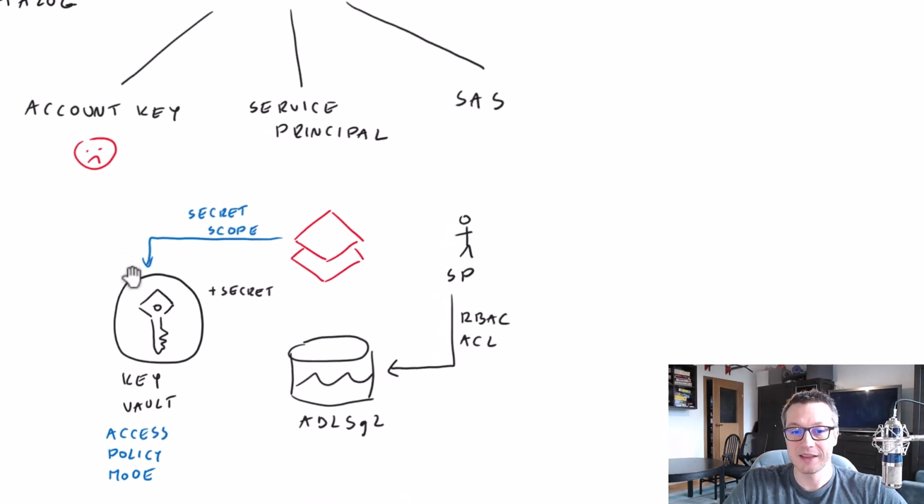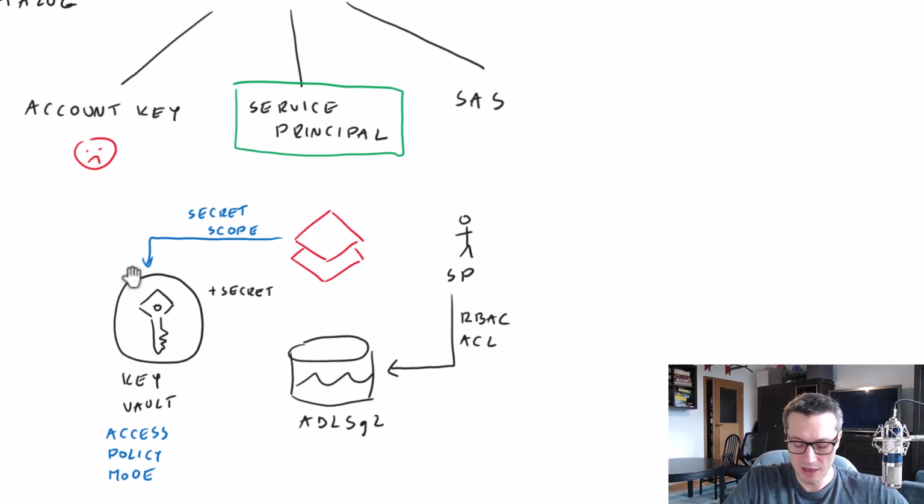So let's indicate that, well, this service principal, out of those legacy methods, I use service principal 1 because it's pretty good. But please remember to use secret scope here. Don't hard code your secrets in plain text.